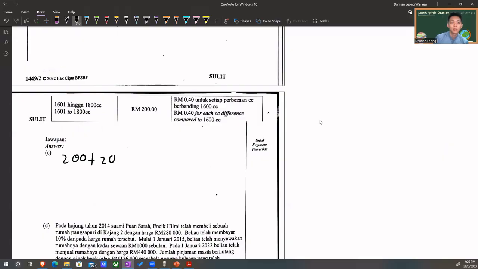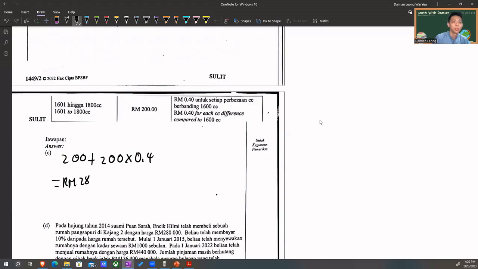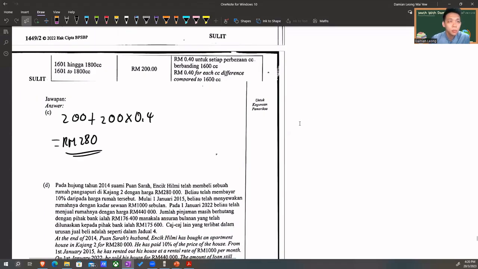Means the difference from 1,600 is 200 cc. I times by 0.4. So 200 plus 200 times 0.4 is 280. So it's basically 280 ringgit.